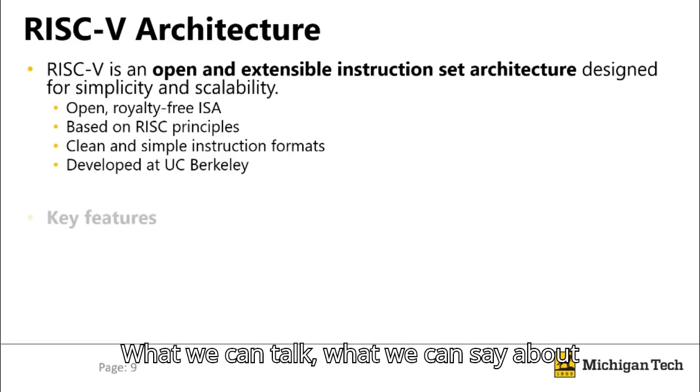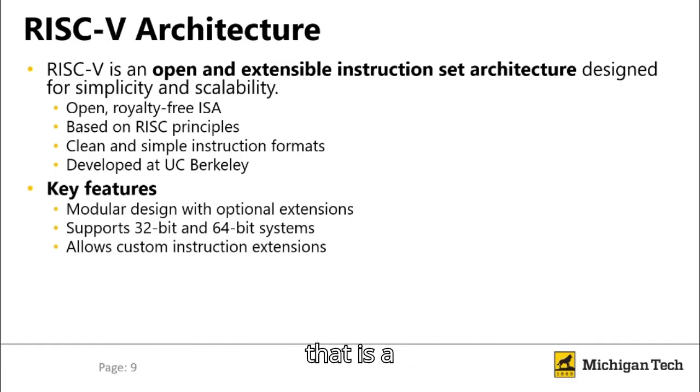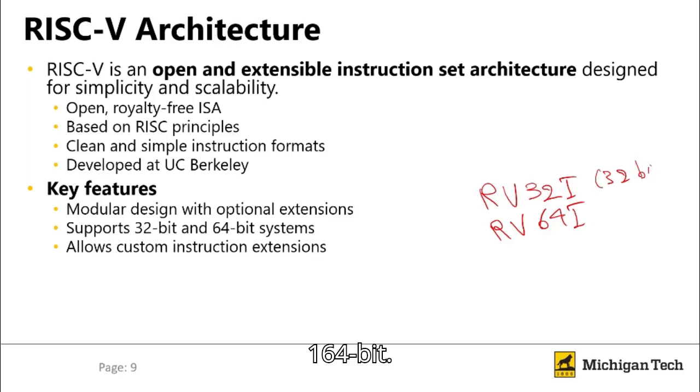What we can say about it is that it's modular. It has 32-bit and 64-bit systems. Actually, there are 2 cores for that, called RV32I and RV64I, one 32-bit and one 64-bit.